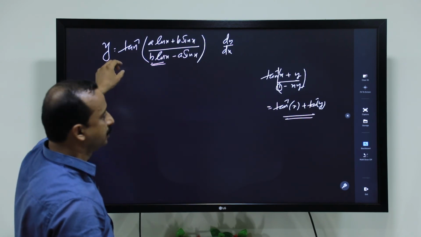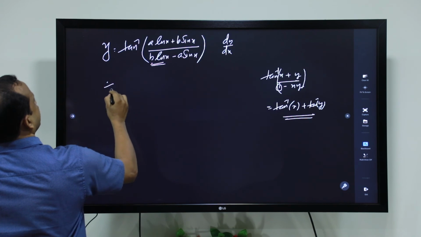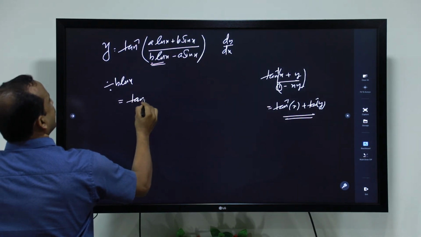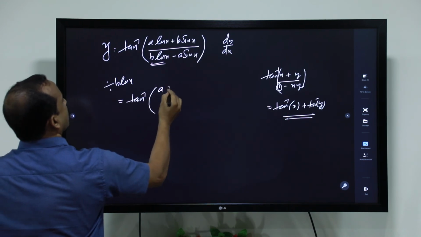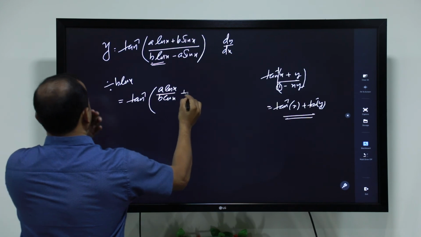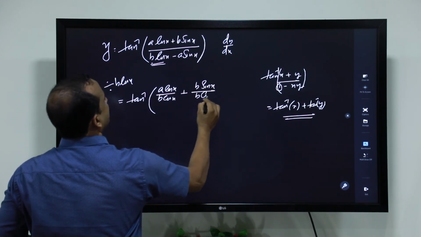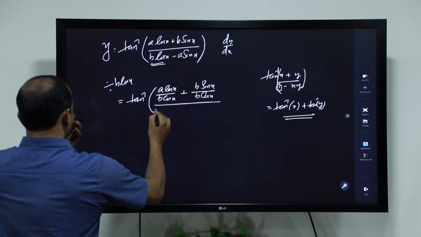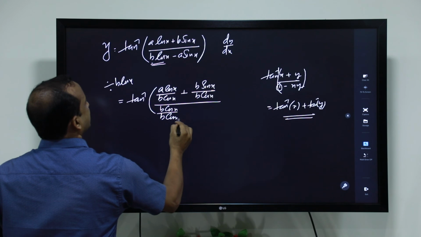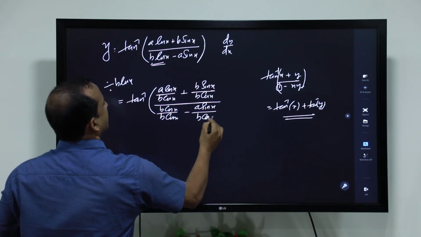Therefore, the answer is tan inverse of (a cos x divided by b cos x plus b sin x divided by b cos x), the whole divided by (b cos x divided by b cos x minus a sin x divided by b cos x).